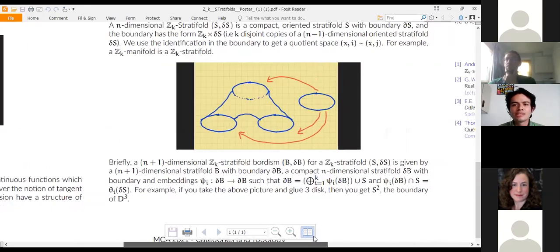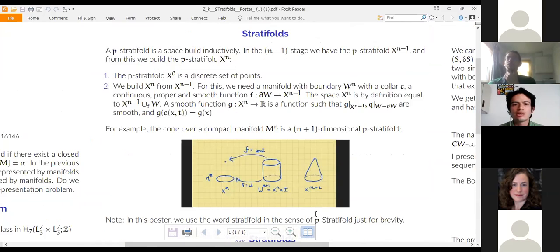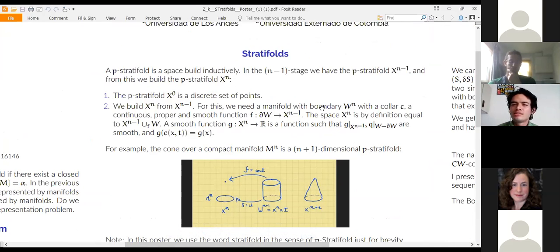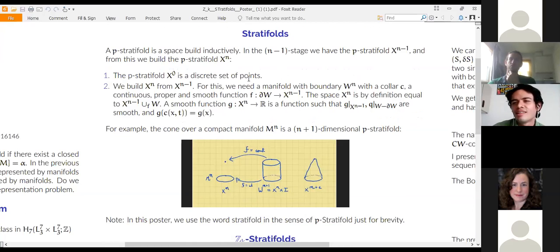A P-stratifold is just a topological space that looks like a CW complex, but with some kind of additional structure. Basically, we want to know some functions. We call these smooth functions on this set. You can read here the definition. You start with a discrete set of points, and inductively you build the other parts of the stratifold.